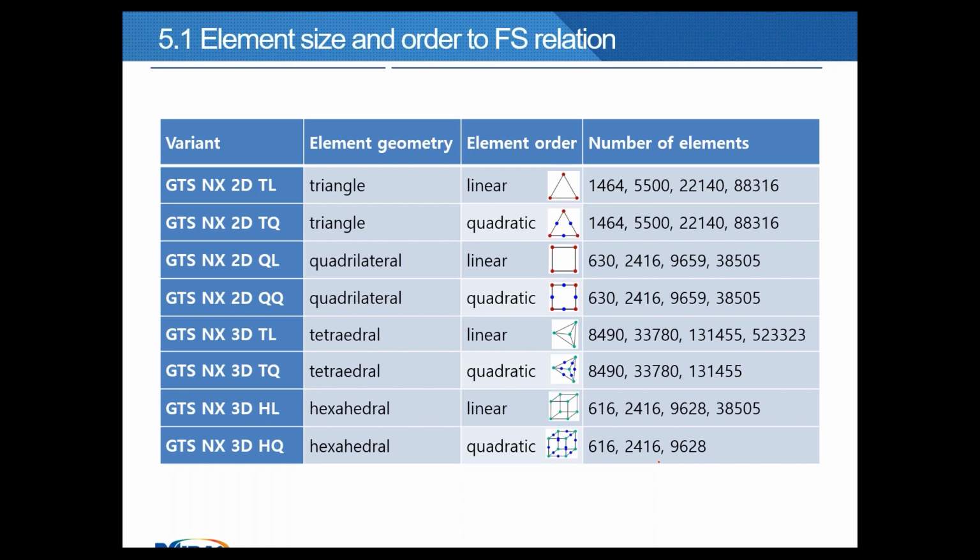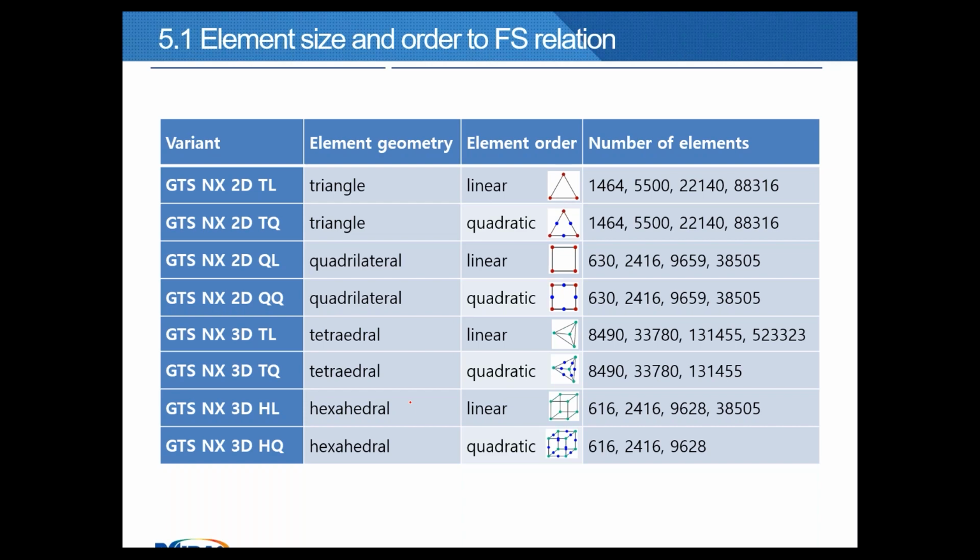Okay, I've made these calculations for 2D elements, triangle and quadrilateral, and for 3D elements, tetrahedral and hexahedral. GTS can also make the mesh built in tetrahedral element and hexahedral element.